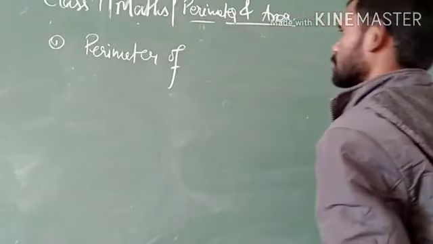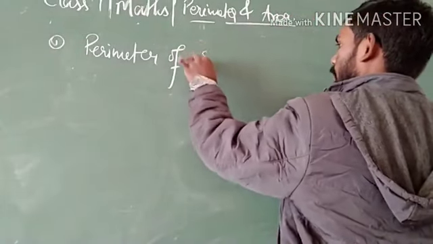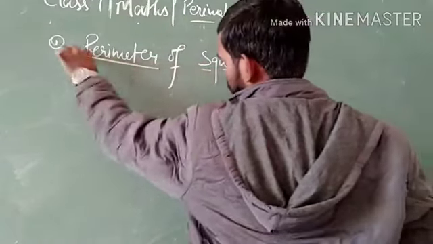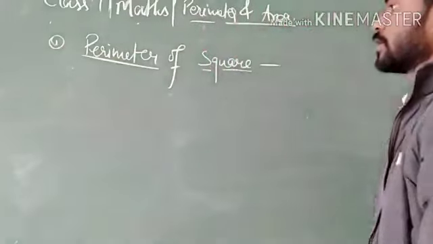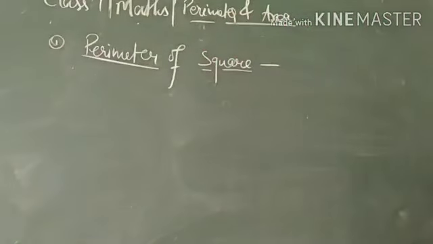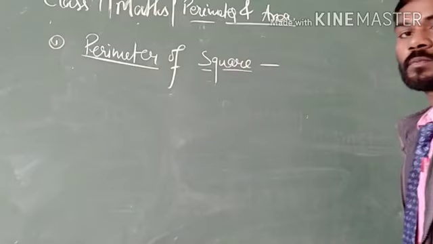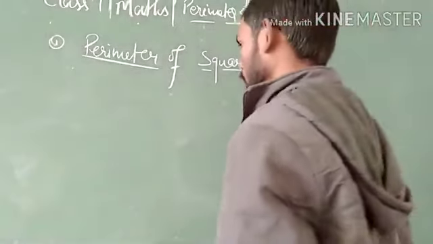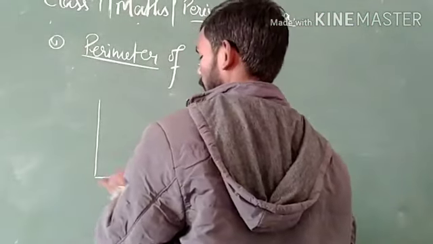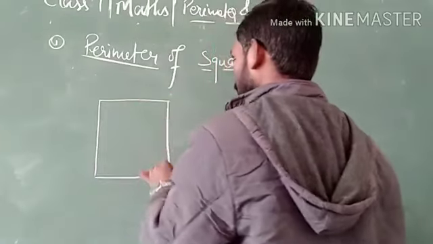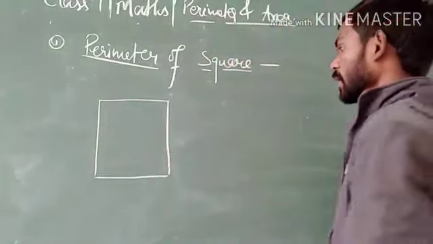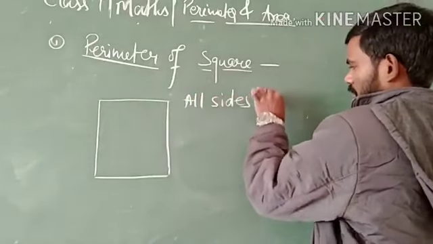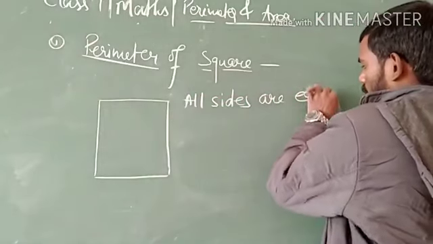Now we shall discuss the first: perimeter of a square. In order to derive the formula for the perimeter of a square, first of all we have to know how a square looks. So when we draw a square, we can see that all sides are equal.